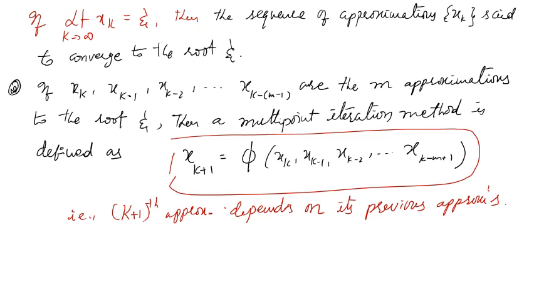This is called a multi-point iteration method, and the function phi is called the multi-point iteration function.